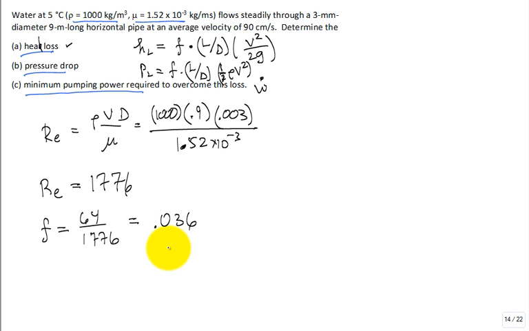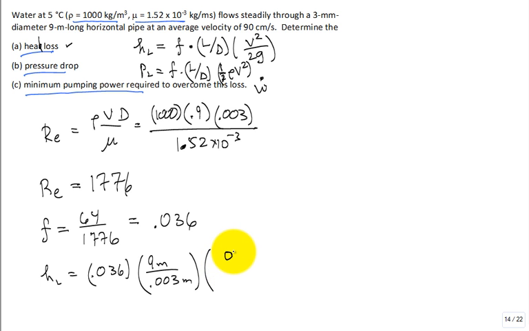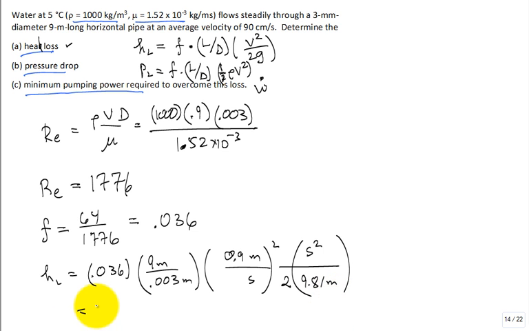0.036. So now we can calculate this head loss: 0.036 times the length, which is 9 meters, divided by the diameter, 0.003 meters, or 3 millimeter diameter, times this v squared, 0.9 meters per second squared, divided by 2 times 9.81 meters per second squared. 4.46 is the head loss.